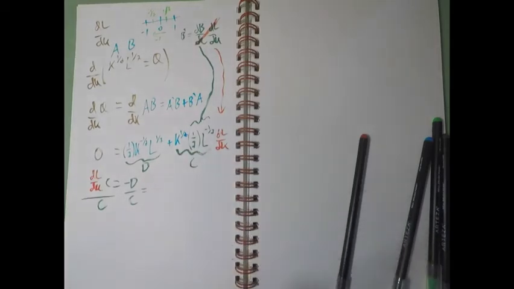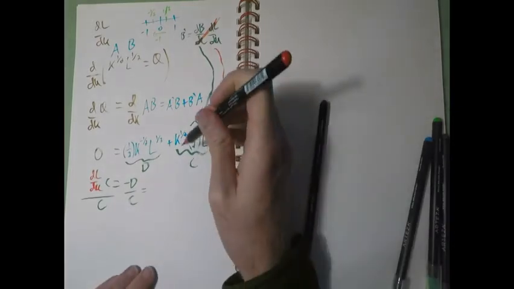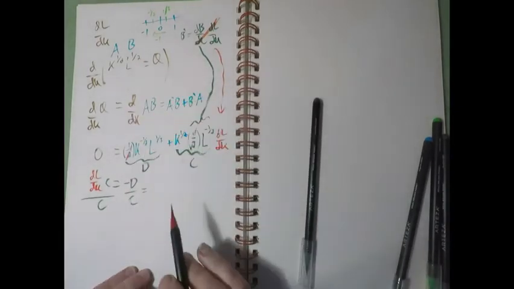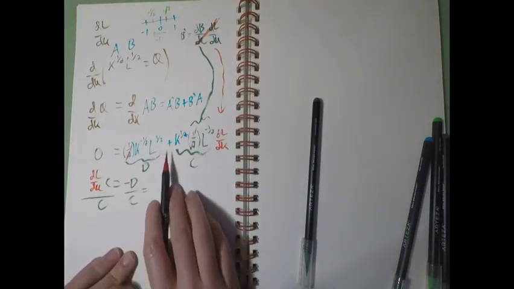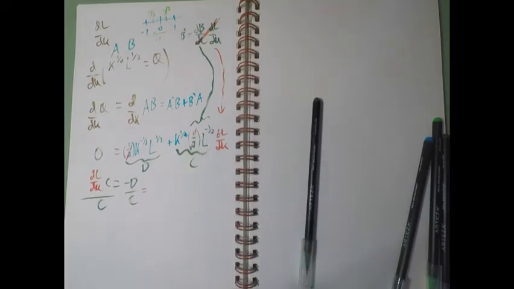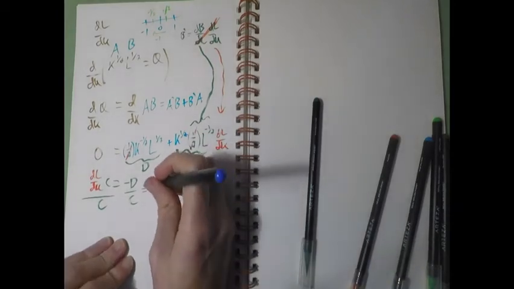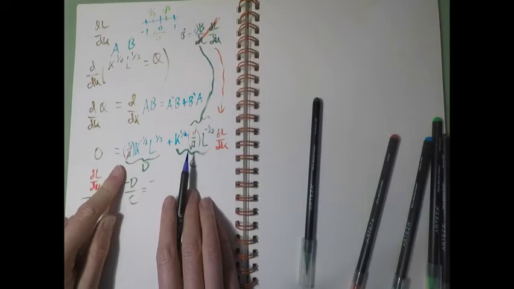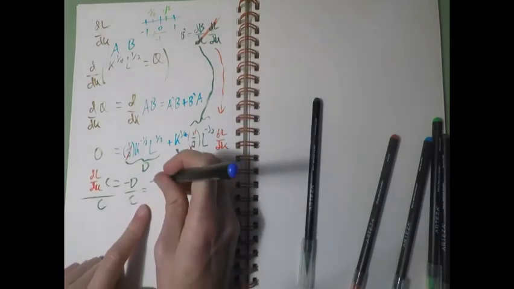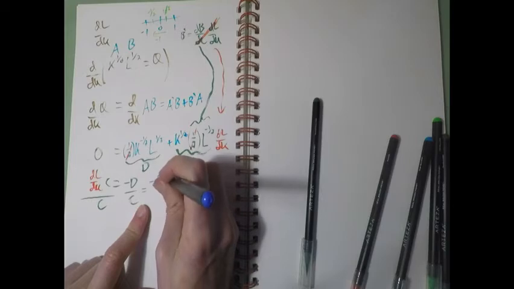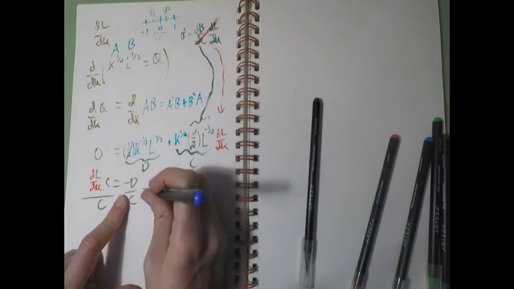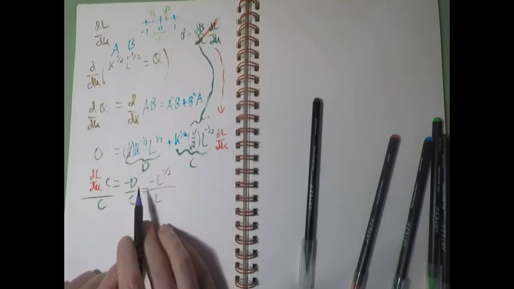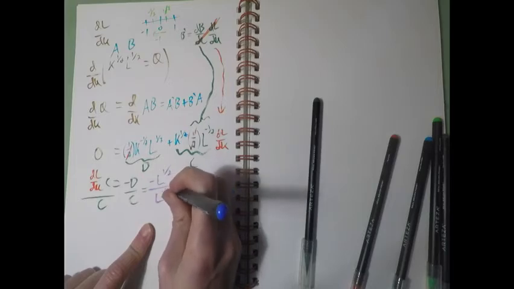So what is that going to equal, and what can we cancel out along the way? Well, we're going to have 1/2 divided by 1/2. That's going to be pretty easy. Let's go ahead and write it out. I'll cancel these out. So we're going to have minus L to the 1/2, divided by, in this case, positive L to the negative 1/2.